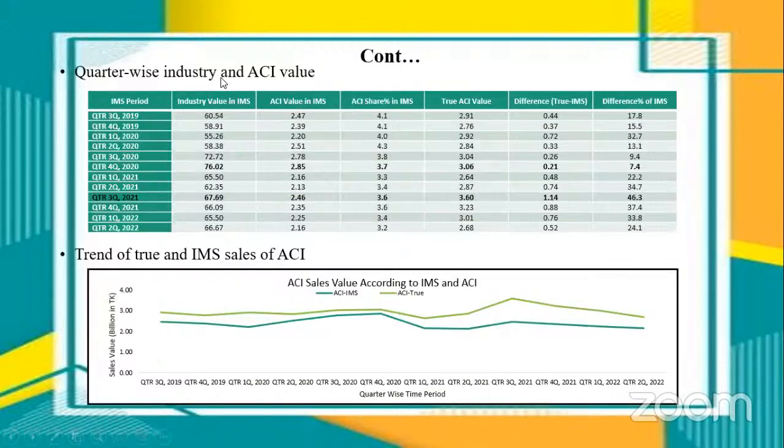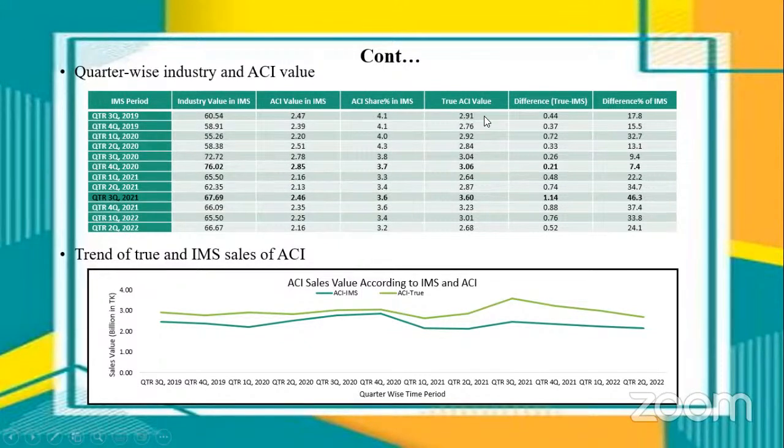Now, quarter-wise sales data of ACI and IMS, and this is the 12 quarter data. In quarter 3Q 2019, the industry size according to IMS data was 60.54 billion taka. ACI sales, according to IMS, was 2.47 billion taka.